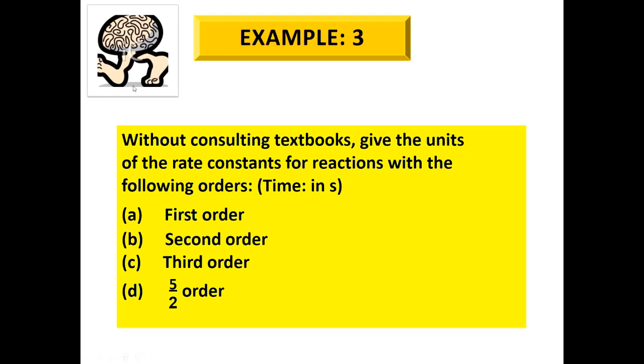Now we proceed with example 3. In example 3, you need to give the unit of the rate constant for reactions with the following orders, with time in seconds. For example A, now we look at 3A.